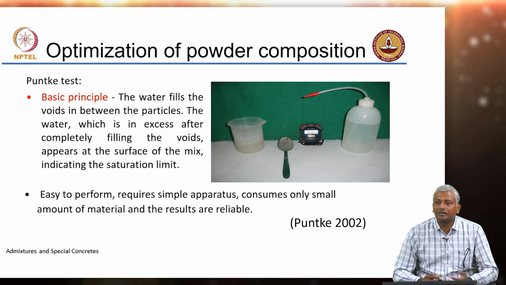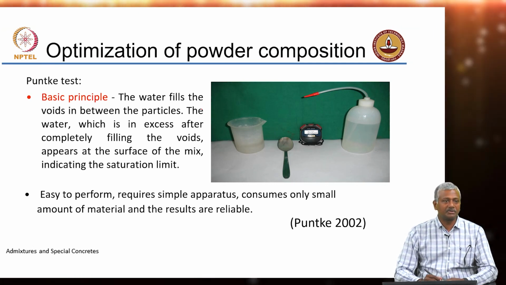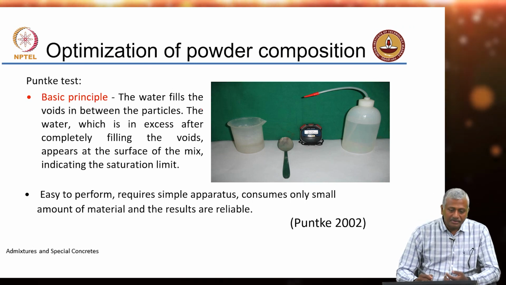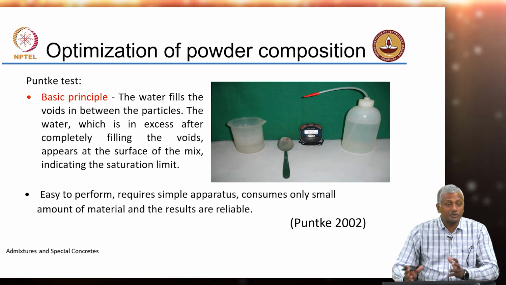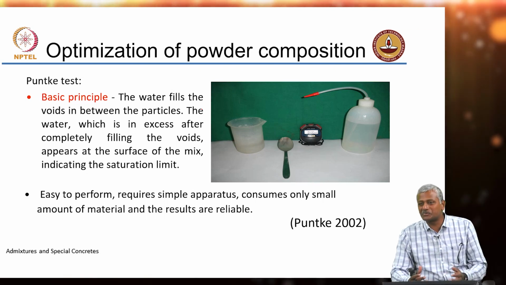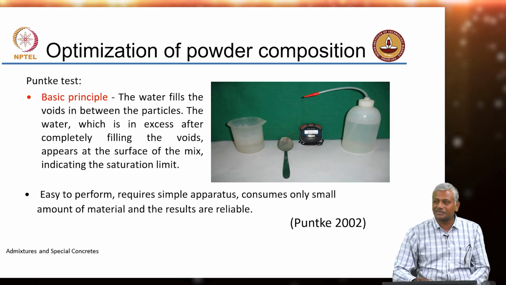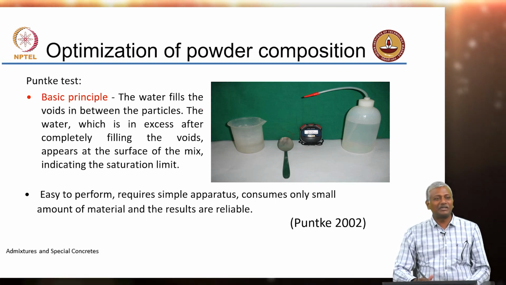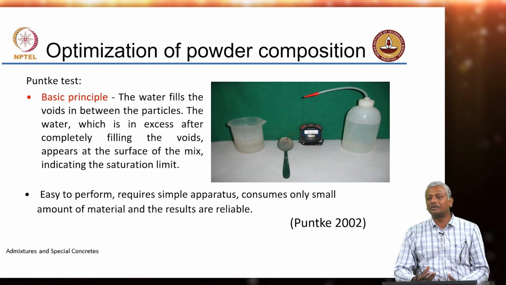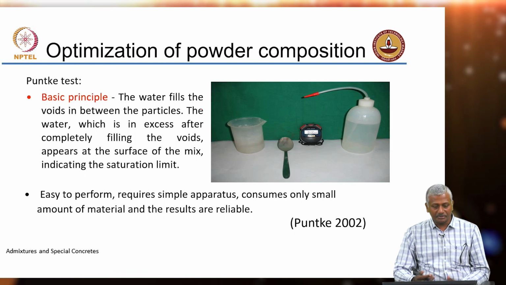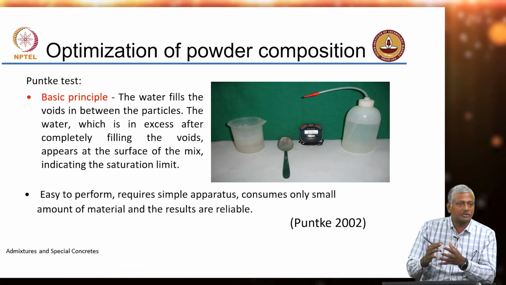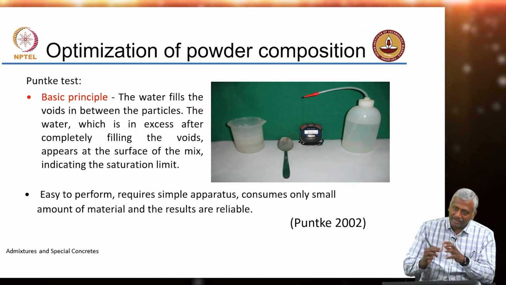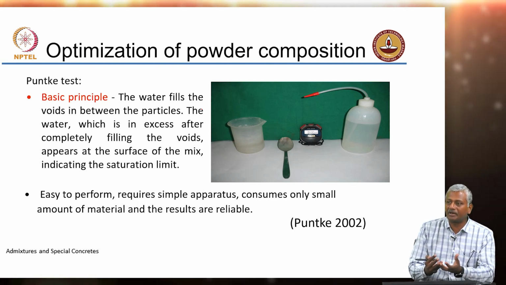So in the optimization of powder composition, a simple test called the Puntka test, a German test, was applied. The name sounds complicated because it's German, but the test is very simple. It's almost like a Jugad test, you can say. You have a container into which you fill up your combination of cement and mineral admixture, right? You know that it's not going to have perfect solid characteristics, that there will be some space between the particles.